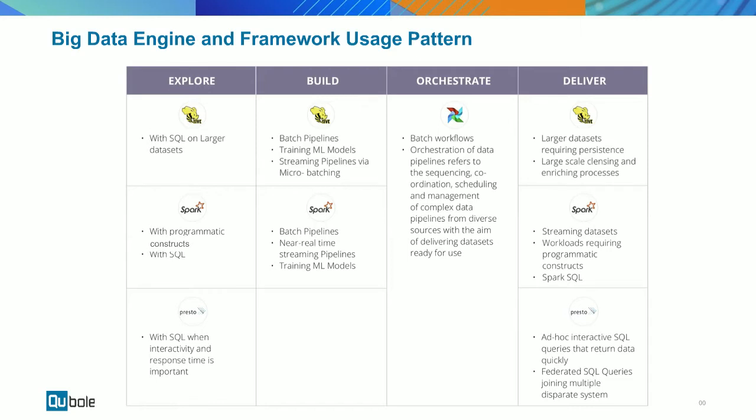If you're doing anything programmatic, maybe you want to consider Spark SQL as well. And then Presto, if you're going to deliver this data to analysts that need to perform quick ad hoc interactive queries. It can also perform federated queries with multiple data sources as well.